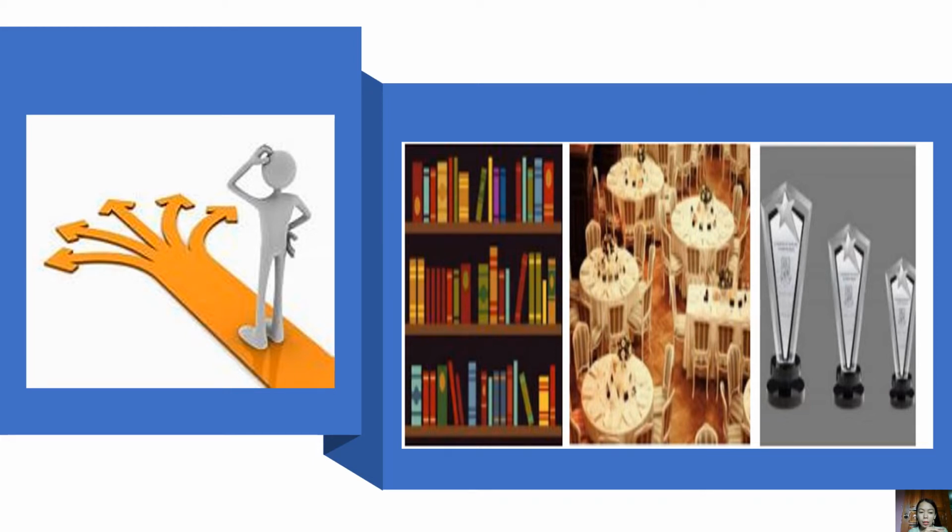Arrangement of books in the shelves, sitting arrangement on a round or circular table, and the third one is how many ways can we select the winner from the first to the third placers out of how many candidates or contestants.